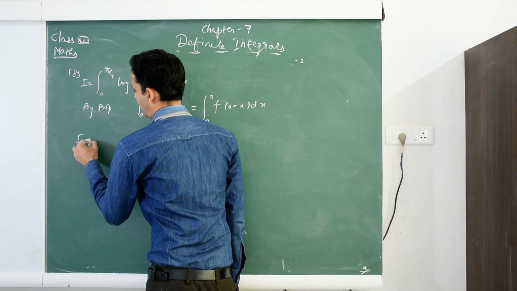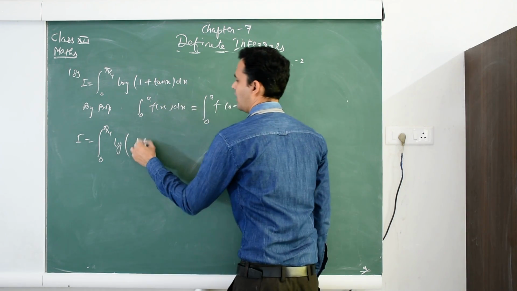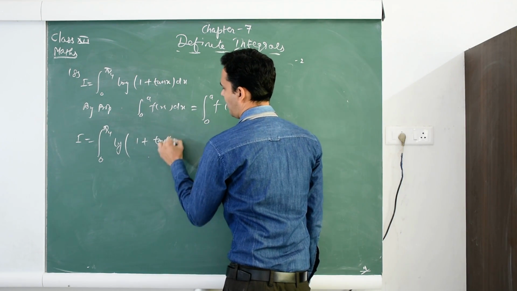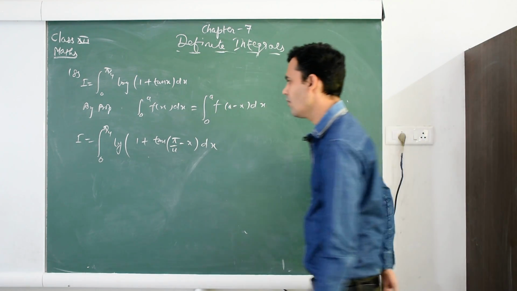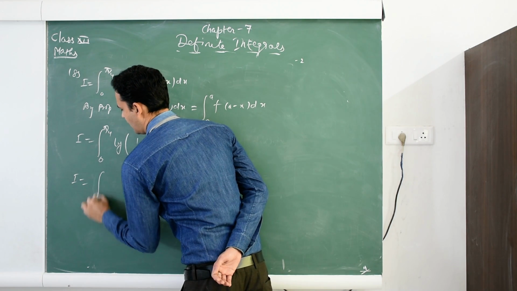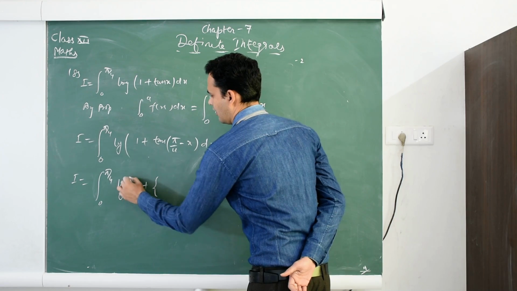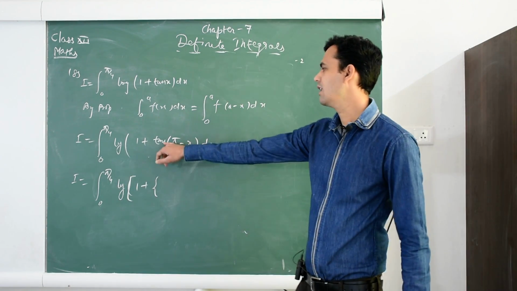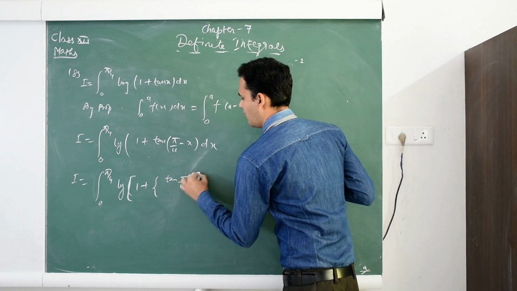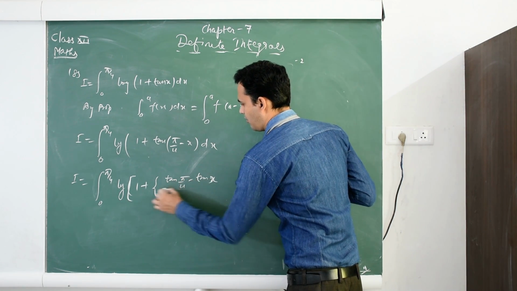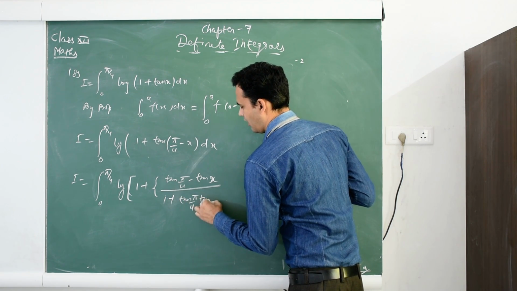So integral 0 to pi by 4 of log(1 plus tan(pi by 4 minus x)) dx. So integral 0 to pi by 4 of log(1 plus, we have the formula of tan(x minus y), it is (tan x minus tan y) upon (1 plus tan x tan y)) dx.